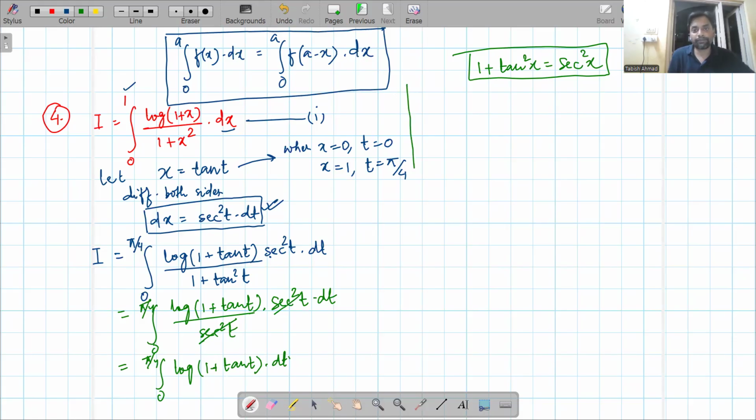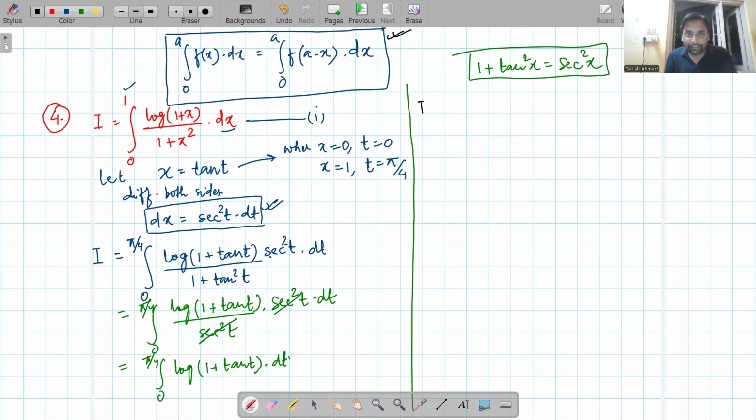And now you can separate this and write it separately. Now what happened? You see, you have one rule I can use here, and we are using it only on this.